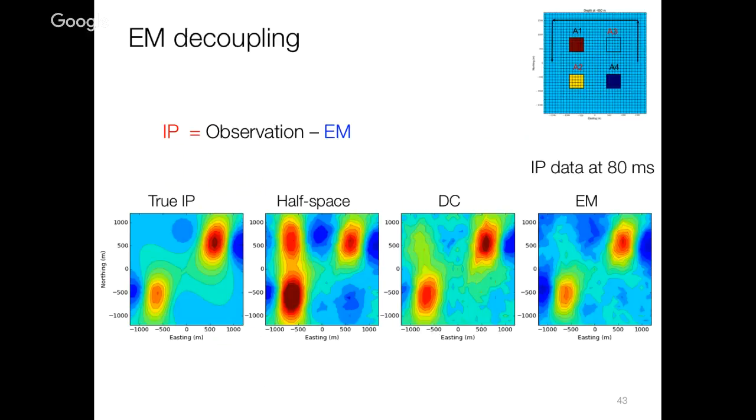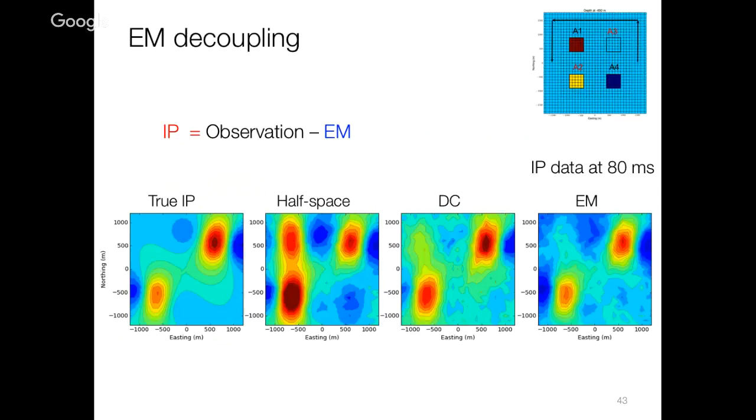If I just guessed at a half space, I'd end up with this as a result, so that's not good enough. If I use the DC resistivity, which is not a bad conductivity model, I end up with this. If I use the EM, I kind of clean up that artifact there, and I've got a bit better response.